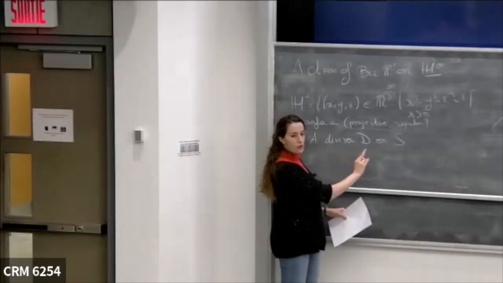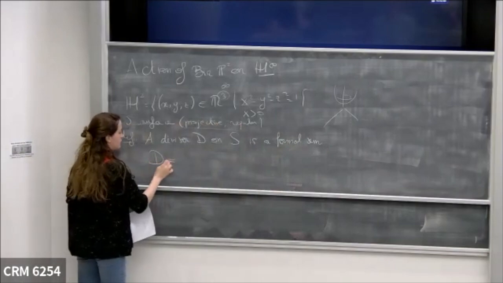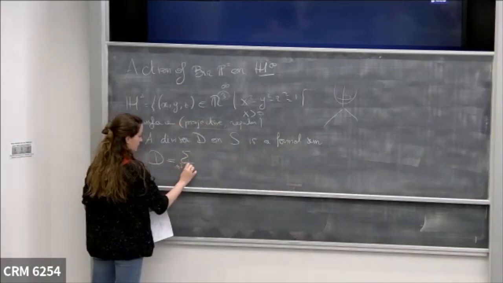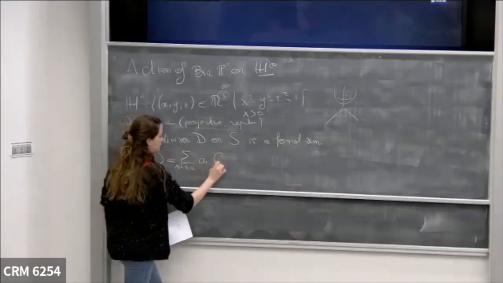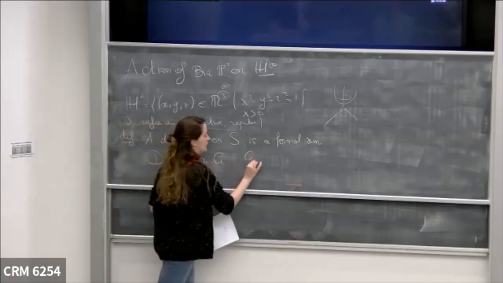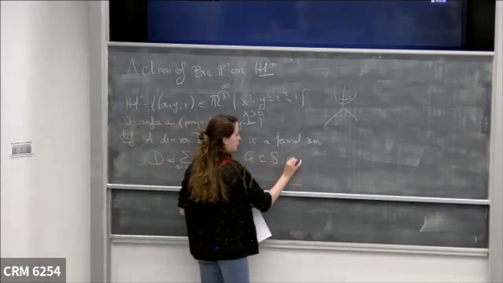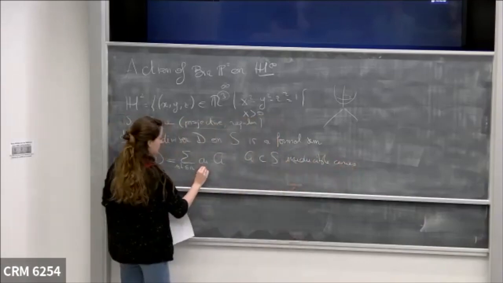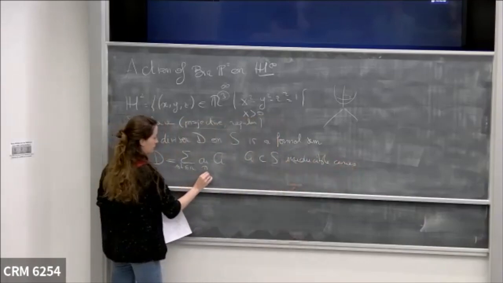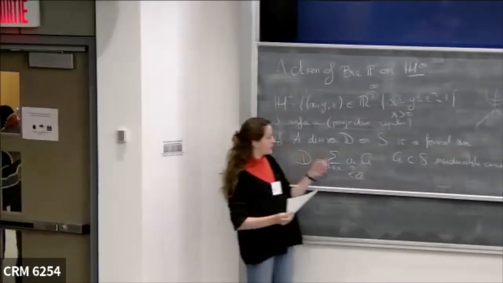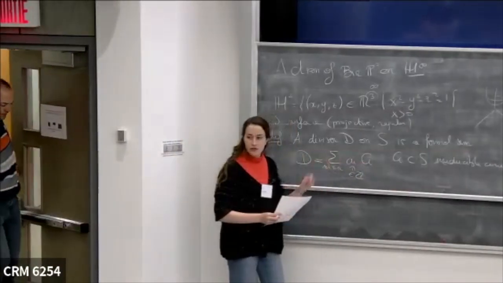This is just a formal sum with coefficients. The C_i are irreducible curves on S, and the coefficients n_i belong to Z. So it is kind of like the multiplicity of my curve.